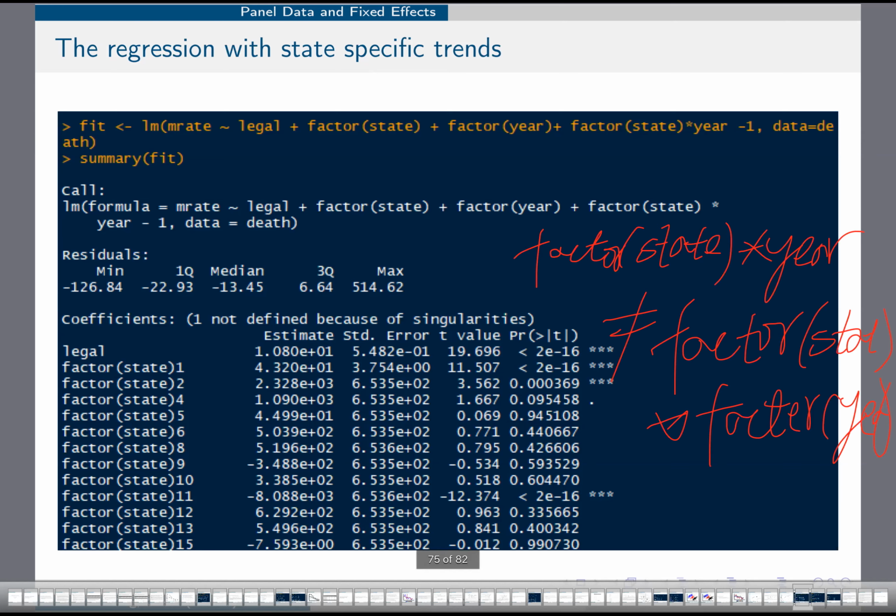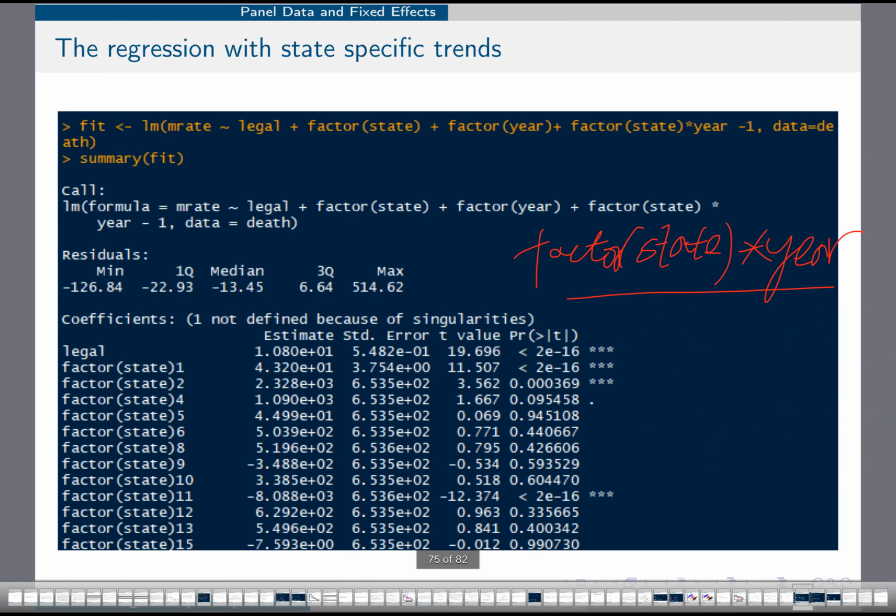If you use factor state times factor year, you cannot add this variable in the regression. It will use up all the degrees of freedom. That's exactly how your data is measured, at the state by year level. But you actually can control for factor state times year.